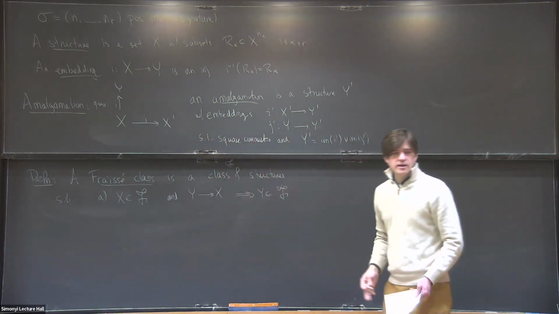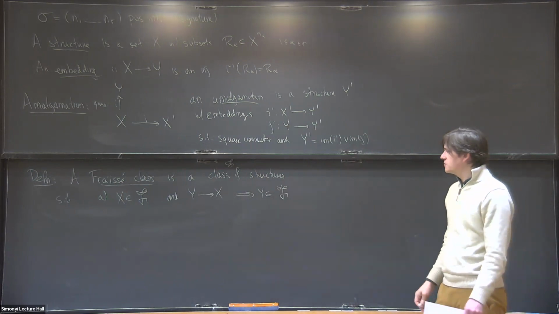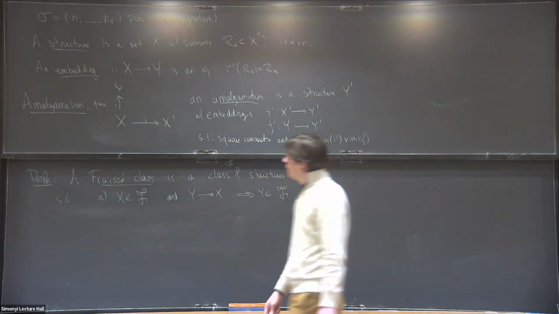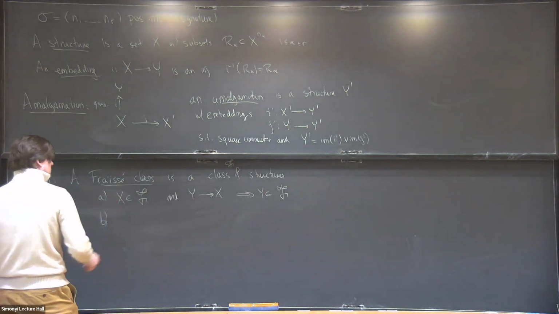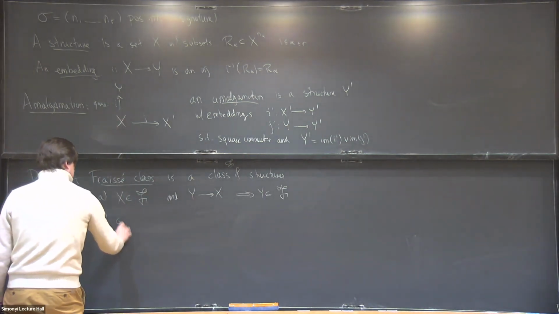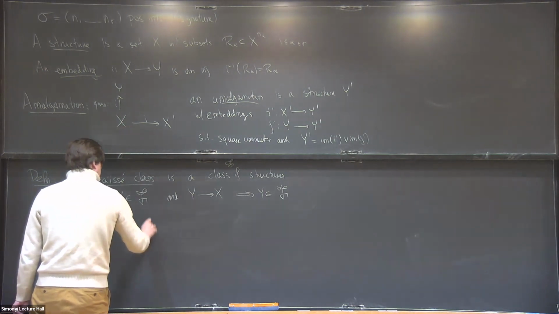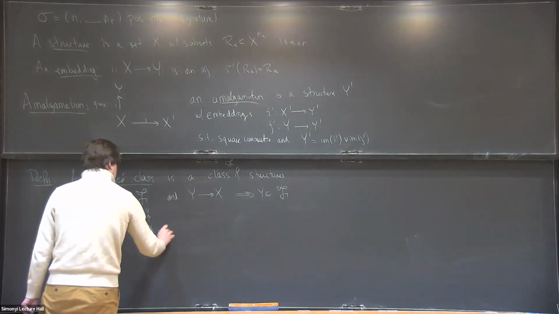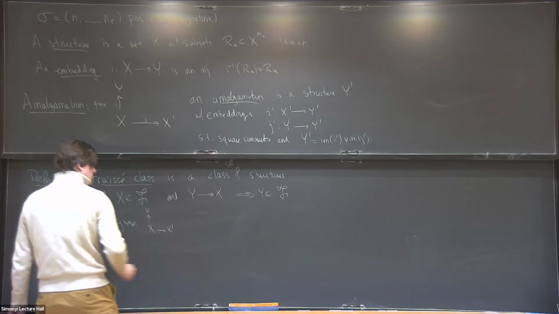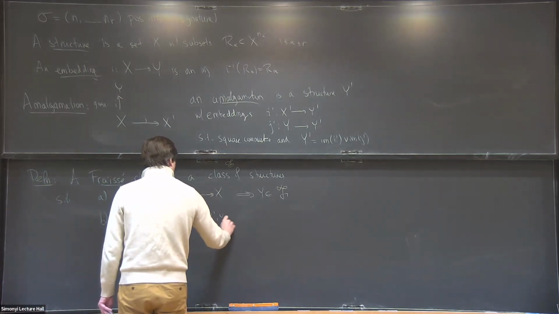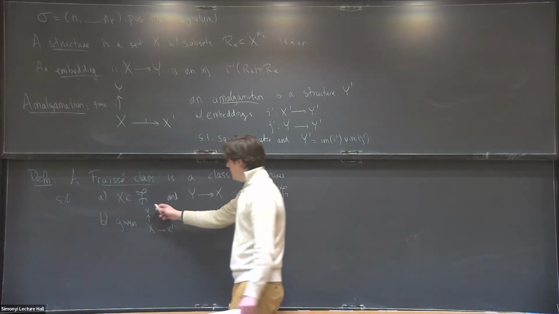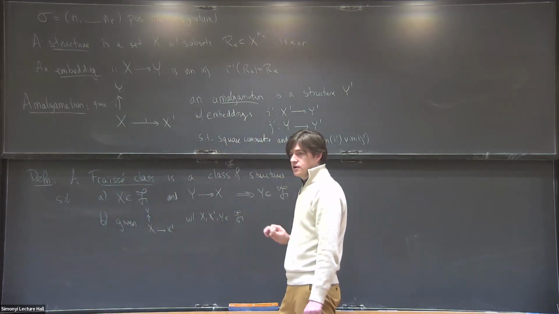People say the class is hereditary: it's closed under going to substructures. The really important condition is called the amalgamation condition, which means that whenever you're given embeddings like this, where the three initial structures belong to F, then you can find at least one amalgamation that belongs to your class.